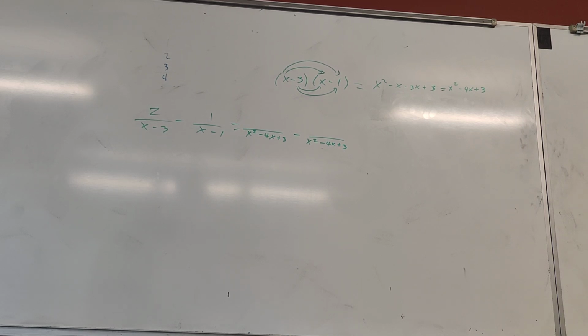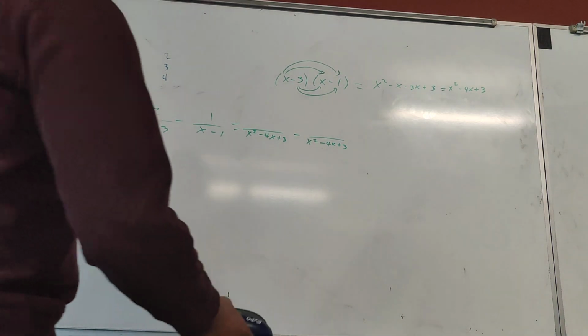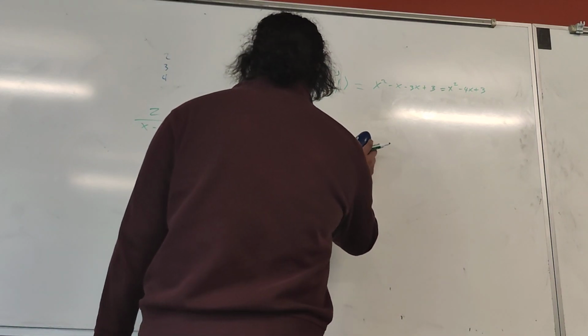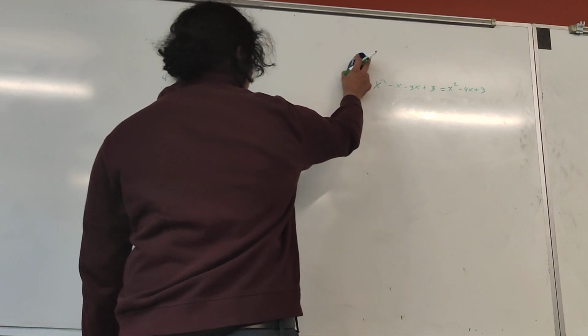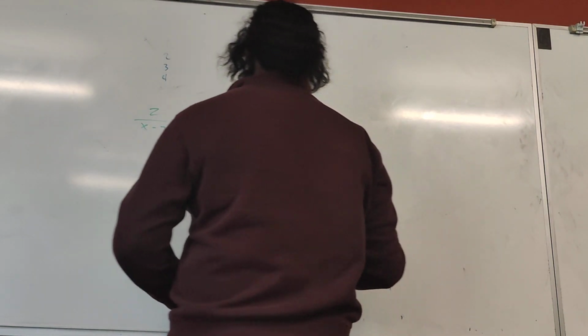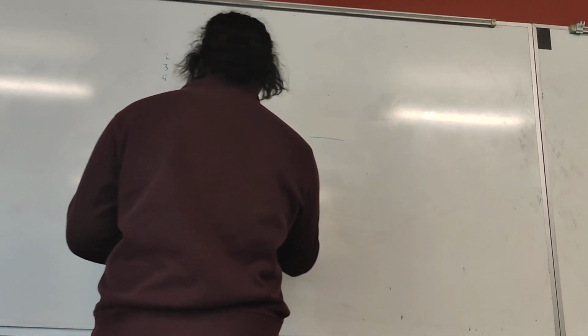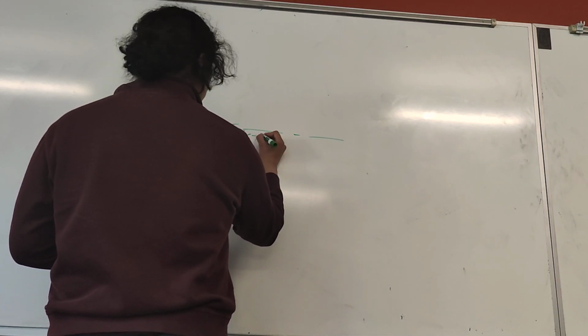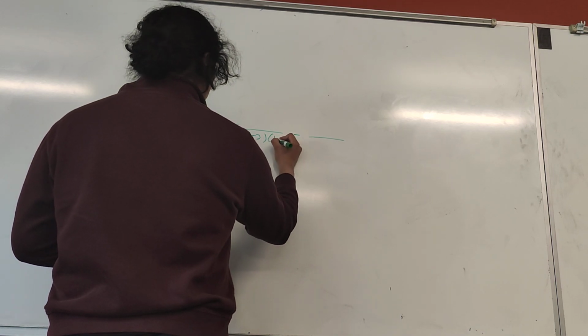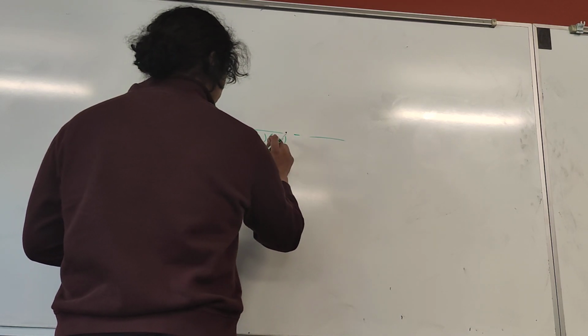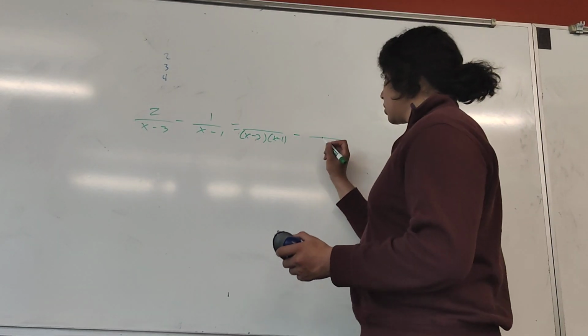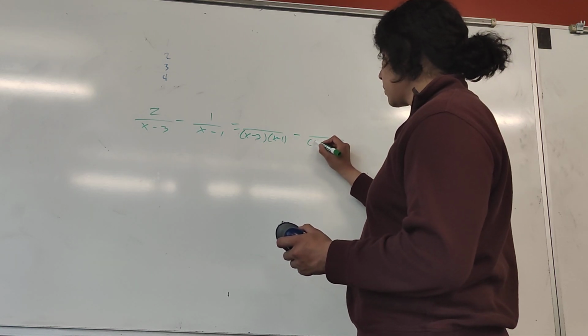Yeah, you don't have to distribute, because we're going to find the things that x cannot be equal to. So yeah, here, we can rewrite it as x minus 3 times x minus 1. And same thing here.